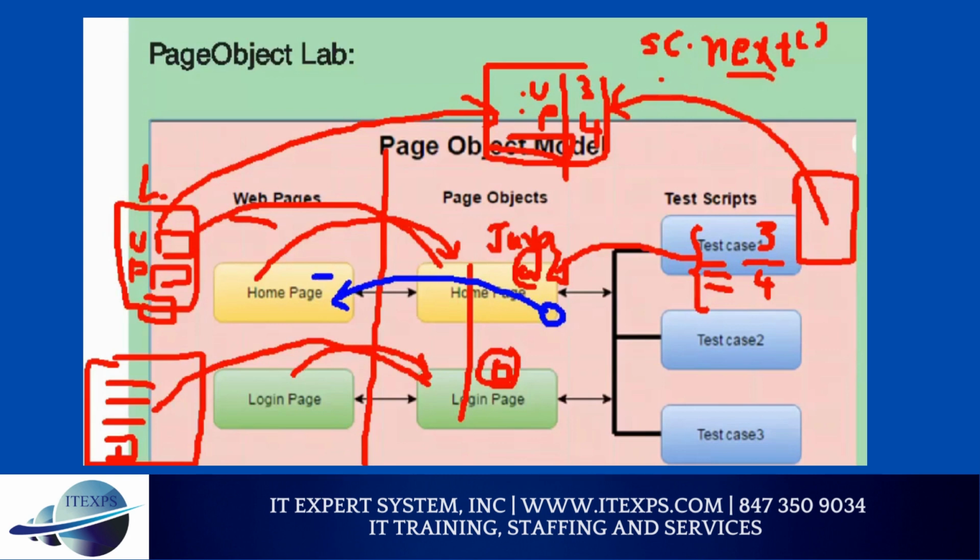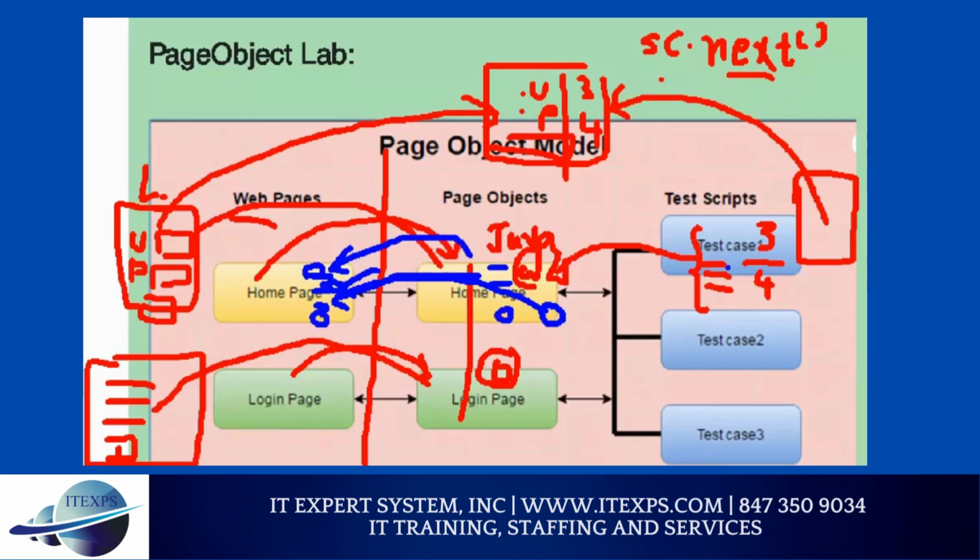Map means attributes automatically get pointers to these elements. It means whenever you touch this attribute, it will know you're touching username. When you touch password, it will know you're touching password. If you say click submit, you know that you are clicking login.